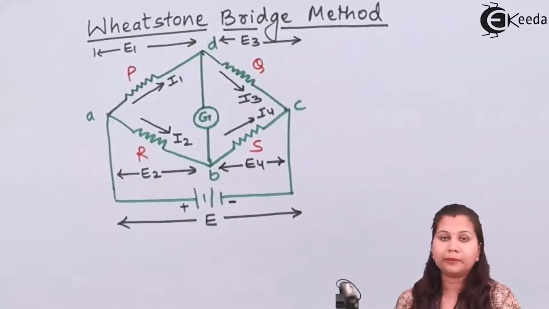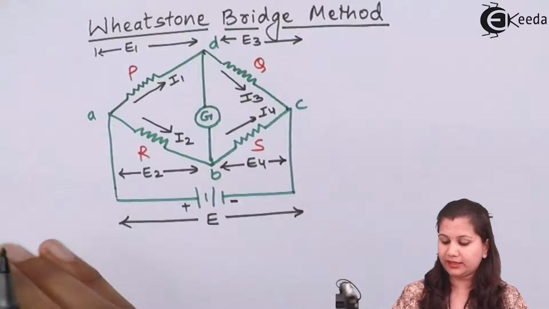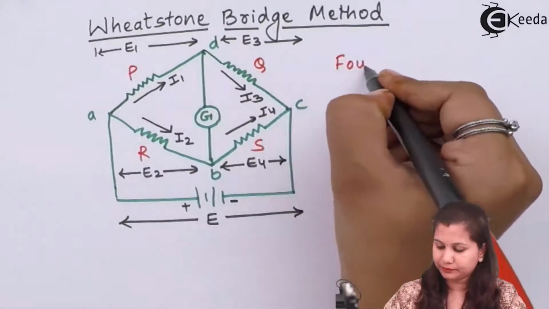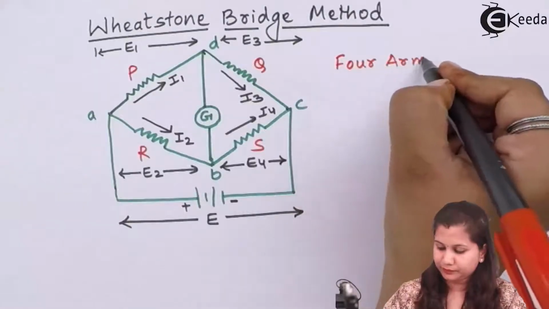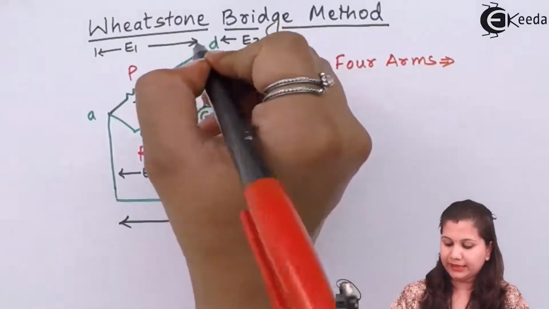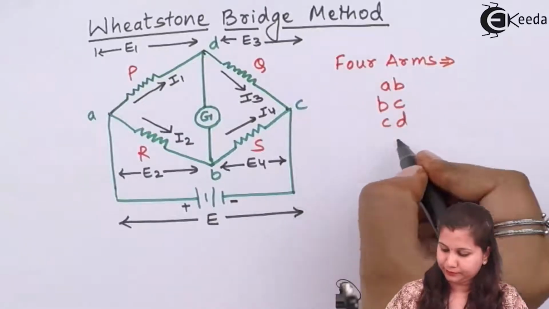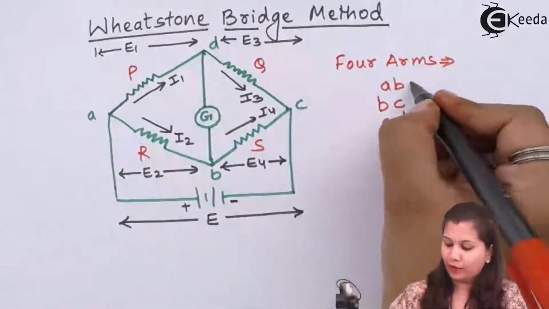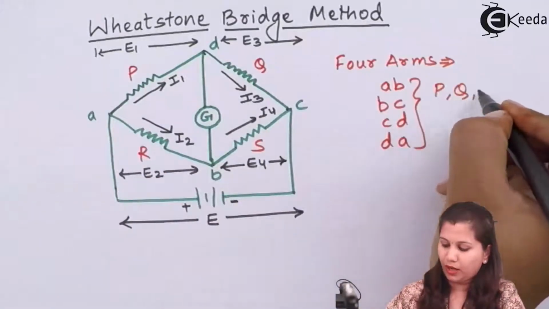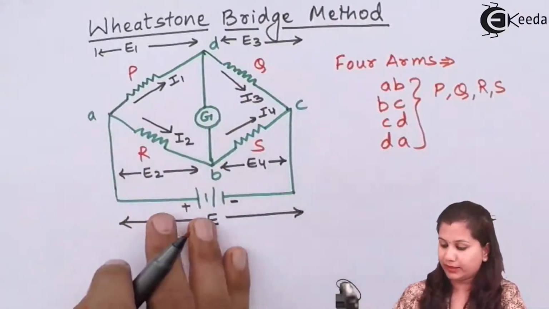So this is the basic circuit of the Wheatstone Bridge. In this bridge, you can see that we have 4 arms: AB, BC, CD and DA. In these 4 arms, we have the 4 resistances P, Q, R and S. This is the basic designation of all the resistances.